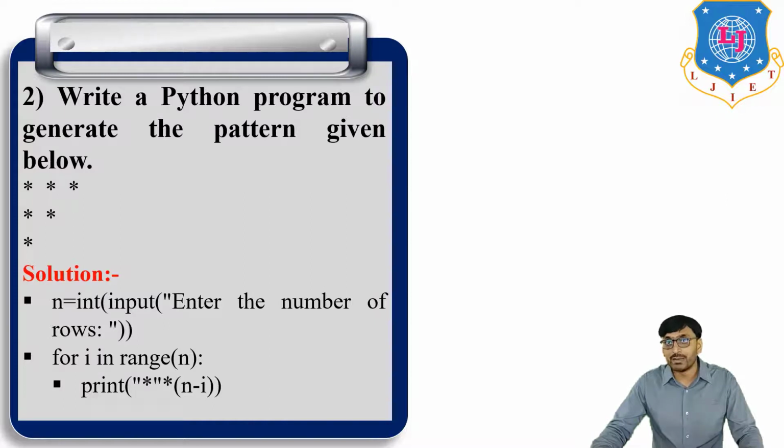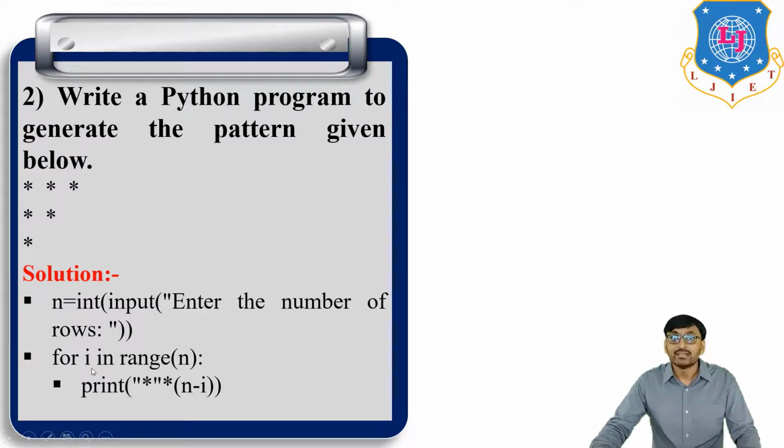Now the first element, i is equal to 0, is transferred here, and we know the value of n is equal to 3. So 3 minus i means 3 minus 0, which is equal to 3. So star into 3.